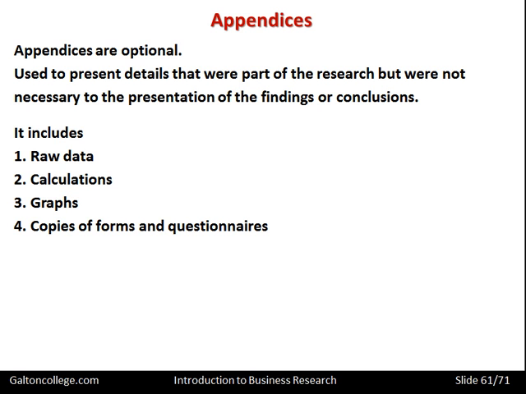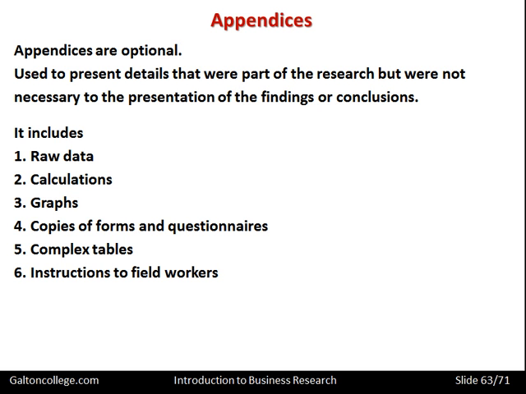Graphs, copies of forms or of the questionnaires, any tables that were used, perhaps they can go into the appendices as well. So forms, questionnaires, complex tables, these sort of things, move them into the appendices.